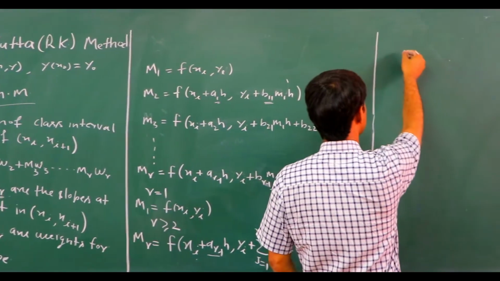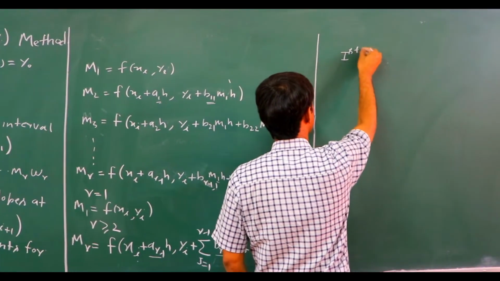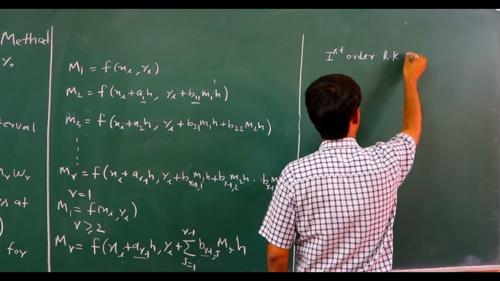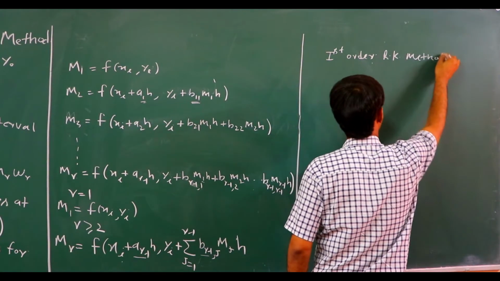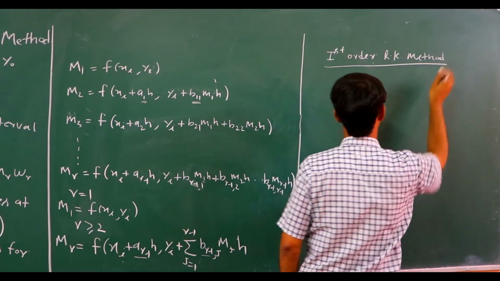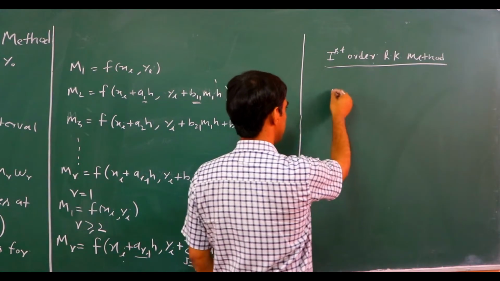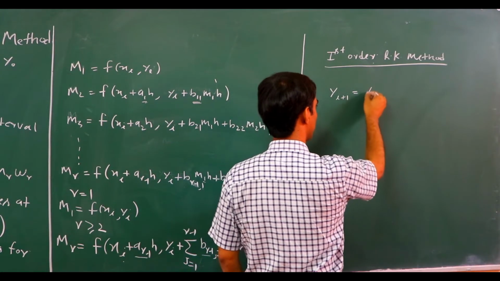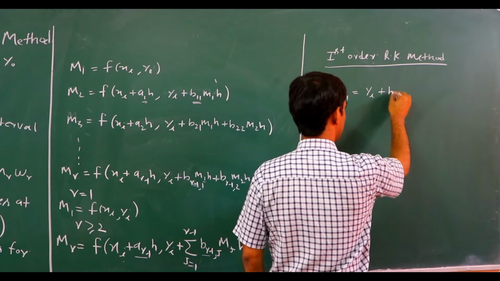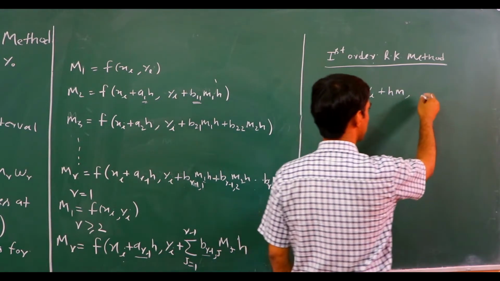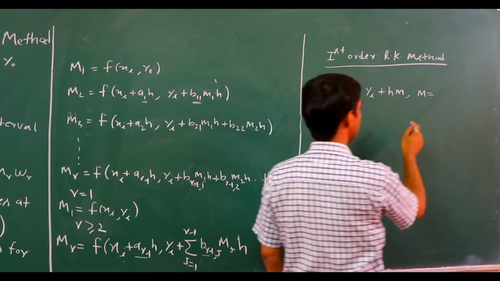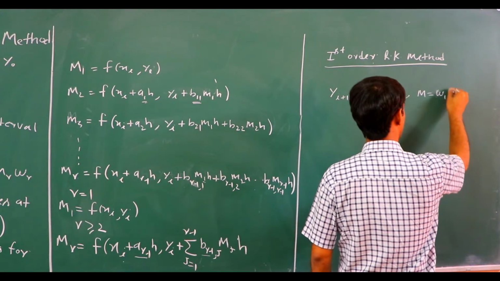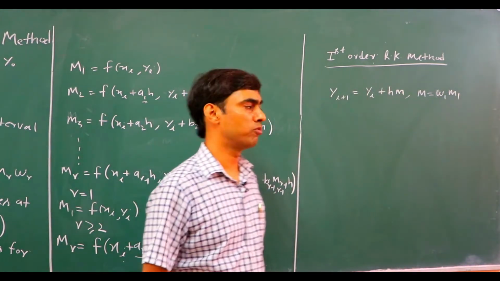So for the first order RK method, what is the iterative scheme? The iterative scheme becomes y_{i+1} equals yi plus hm, and because there is one slope, m becomes W1 M1.